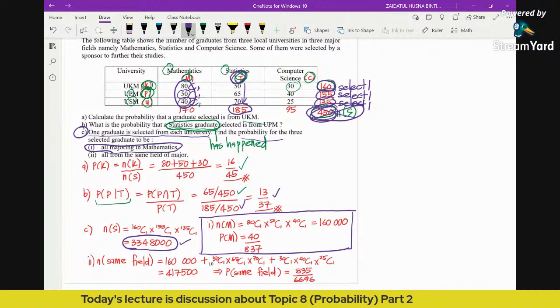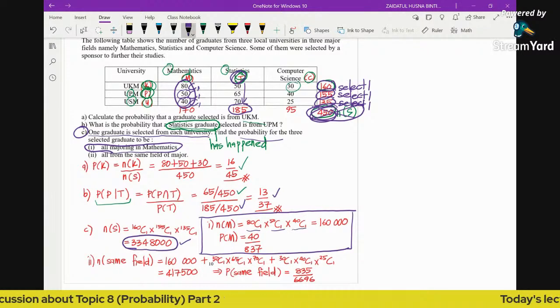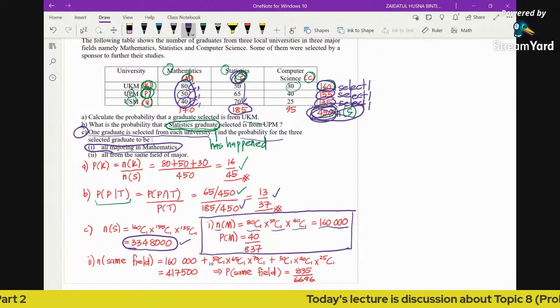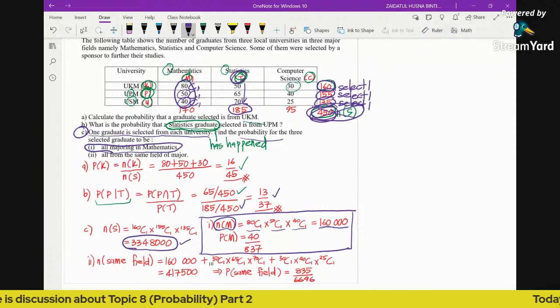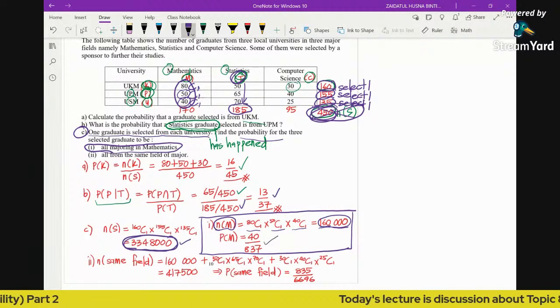So 80 C1 times 50 C1 times 40 C1 is equal to 160,000. This is basically the number of ways, not the probability yet. In order to find the probability, it is n(M) over n(S). So 160,000 divided by this will give you this answer.